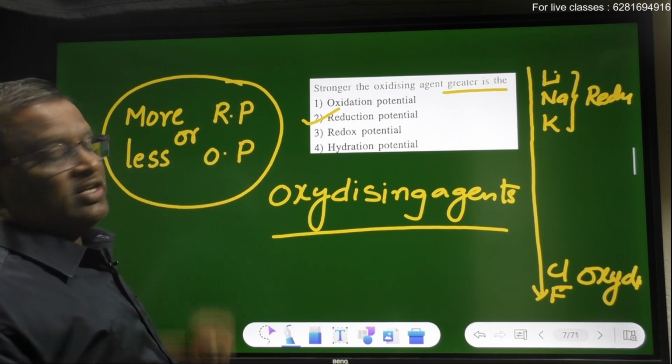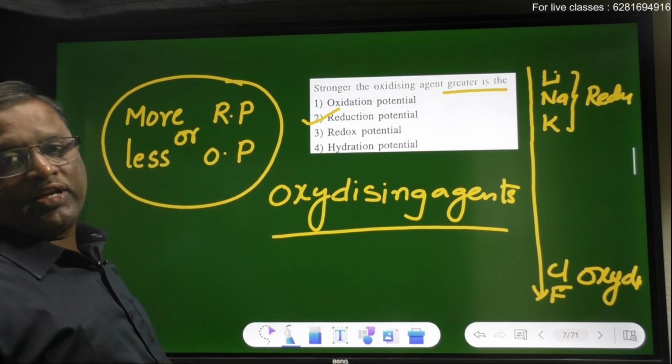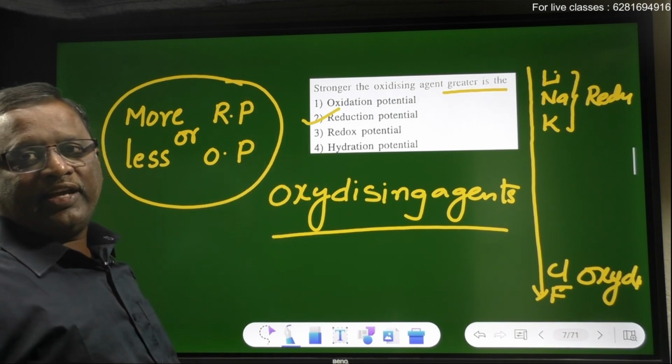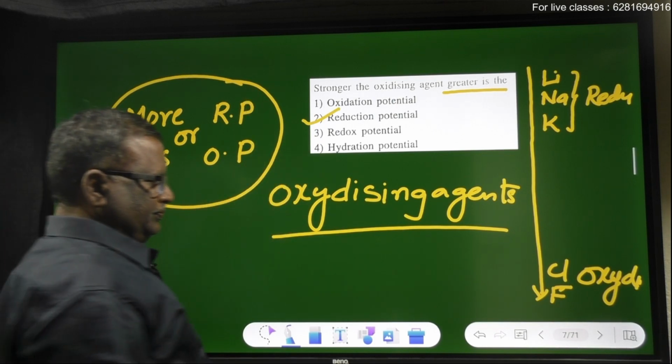Less reduction potential and more oxidation potential will act as reducing agents.